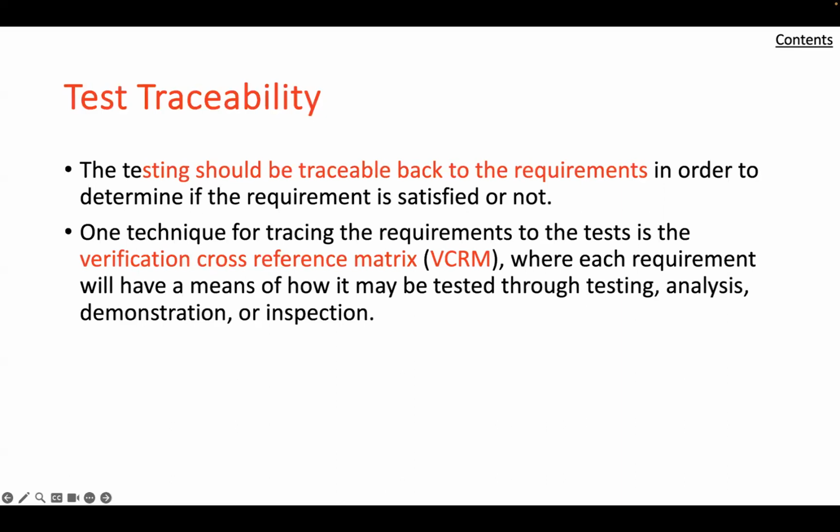A very effective technique for tracing the requirements to the test is the verification cross-reference matrix, VCRM, where each requirement will have a means of how it may be tested: through testing, analysis, demonstration, or inspection. Those would be the 4 things that you would see listed there: testing, analysis, demonstration, or inspection.